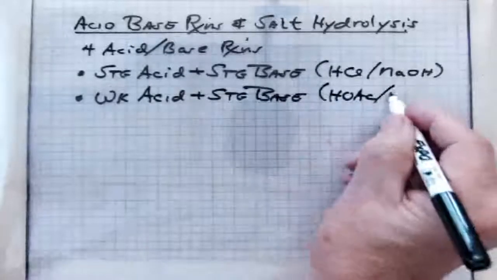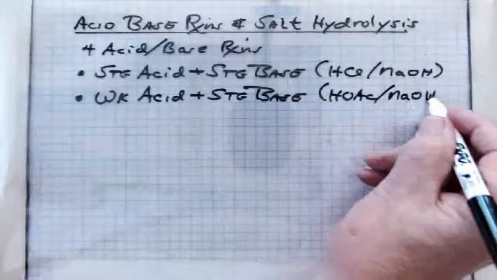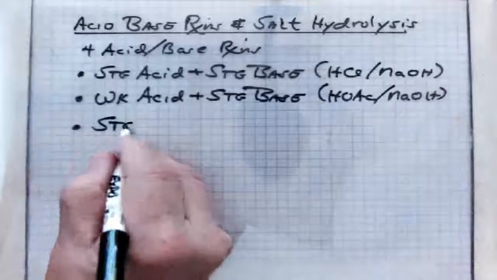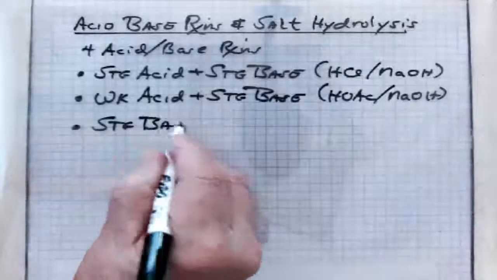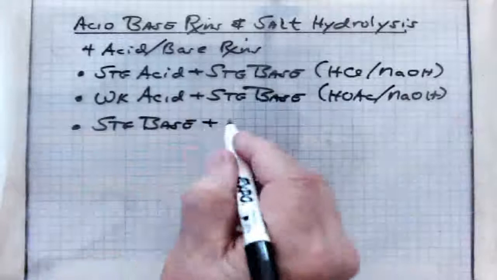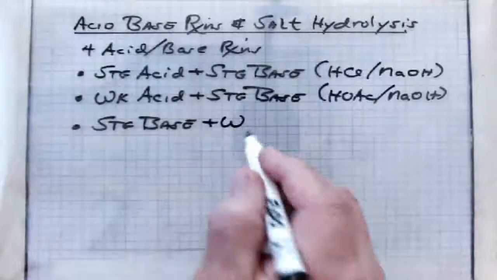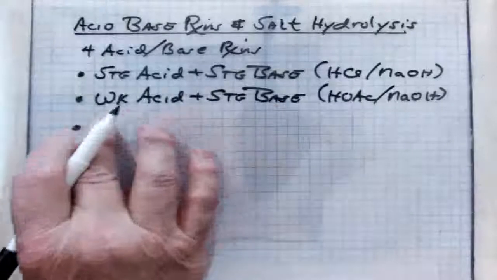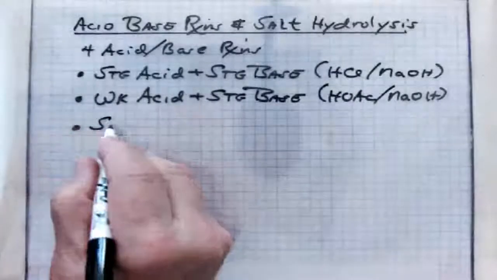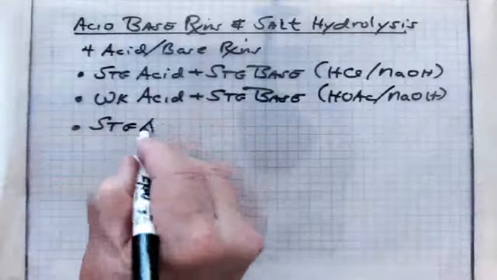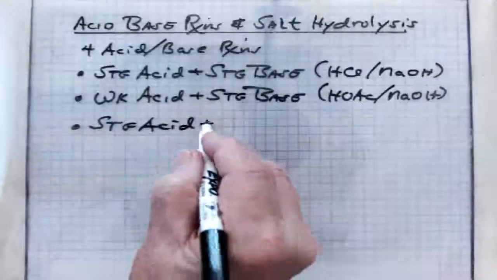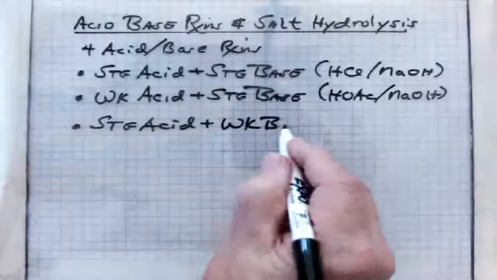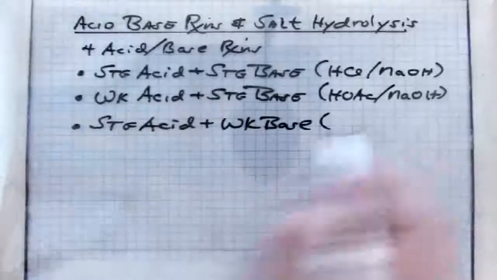Then you have a strong base plus strong acid, and strong acid plus weak base, HCl and NH4OH.